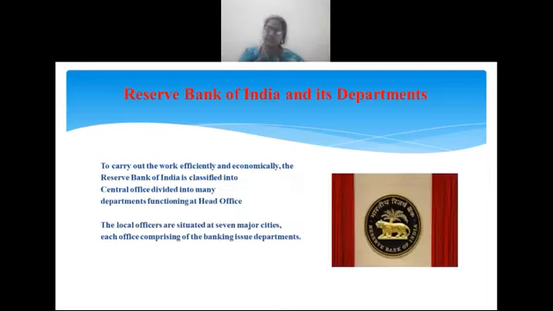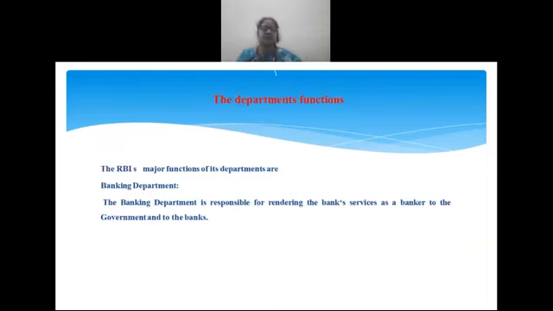RBI has many departments to carry out different areas. To carry out the work effectively and economically, the Reserve Bank of India is classified into the central office, divided into many department functions. The major functions of its departments begin with the banking department.